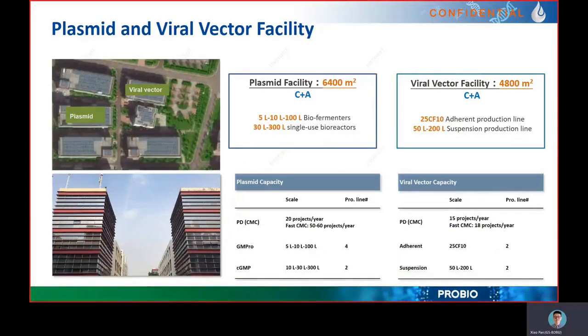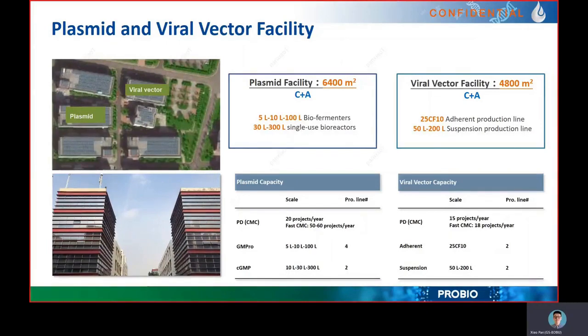This slide shows an overview of our plasmid and viral vector manufacturing facility. In total, we have over 10K square meters of facility space. For the plasmid facility, we have 5 to 100 liter stainless steel fermenters and 30 to 300 liter single-use bioreactors.